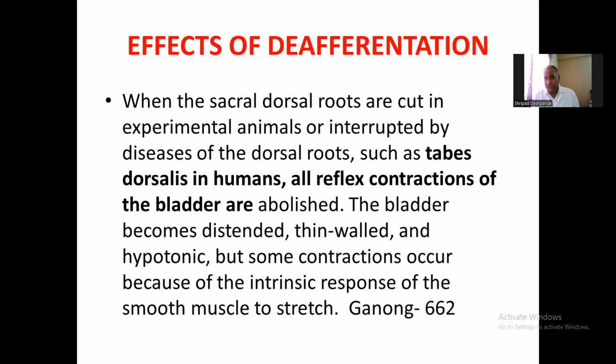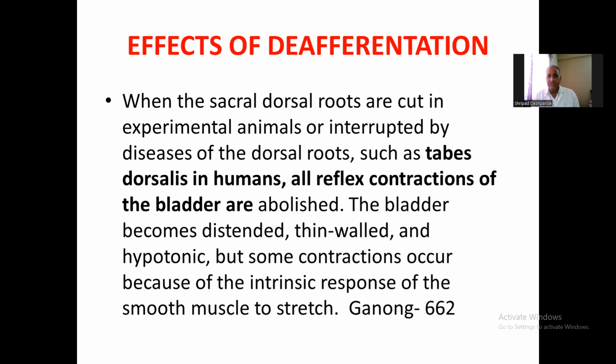That means cutting the sensory nerve. When the sacral dorsal roots are cut in experimental animals or interrupted by diseases of the dorsal roots, such as tabes dorsalis in humans, all reflex contractions of the bladder are abolished. That's one. The bladder becomes distended, thin-walled, and hypotonic.